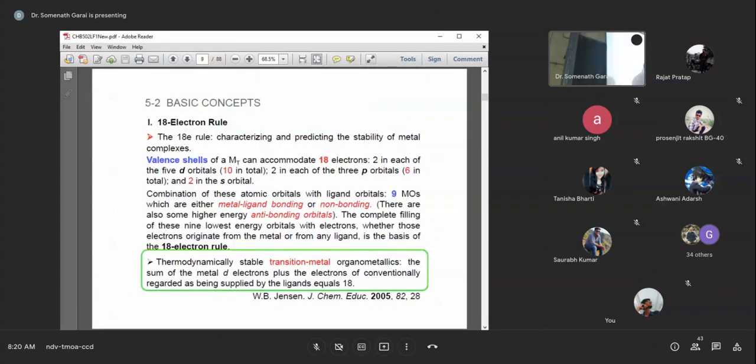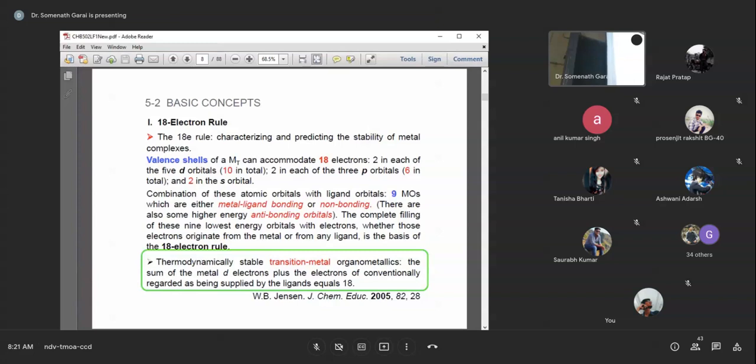So, with that, first of all, we have to understand whether the complex or a compound will form, or whether there can be something because of which it is not formed.